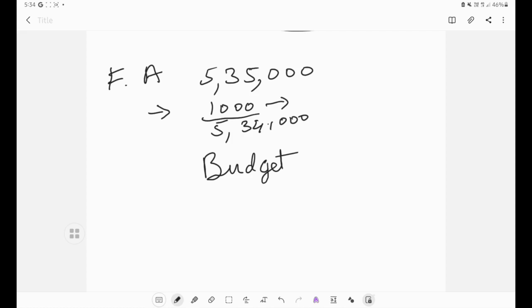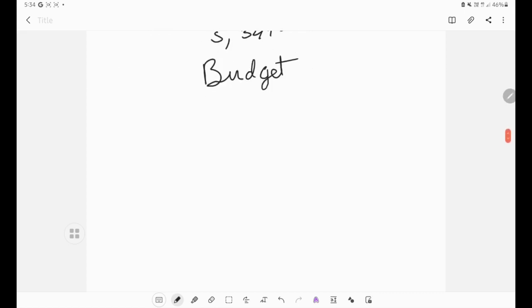Now when we come to the budget basics, let's scroll up. We have budget, surplus, and deficit.